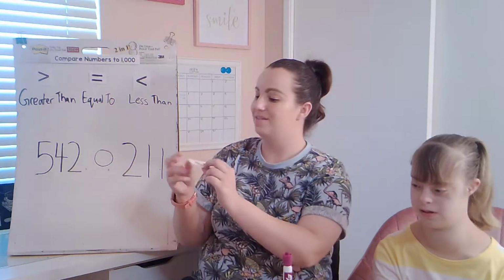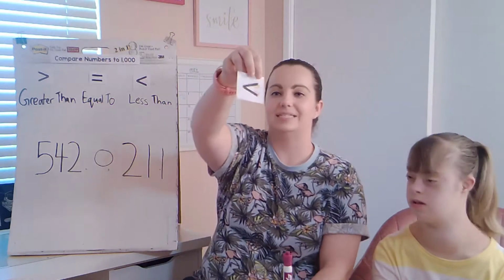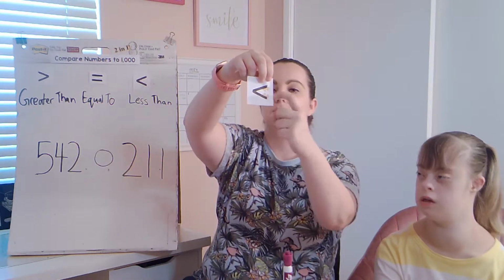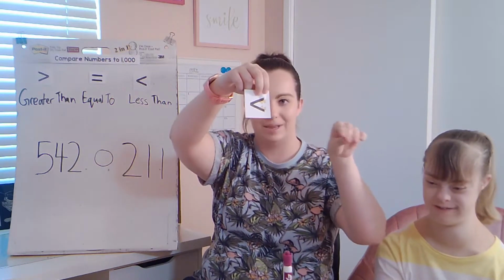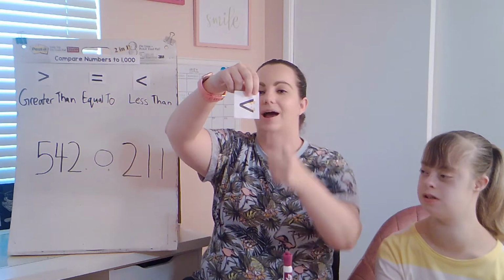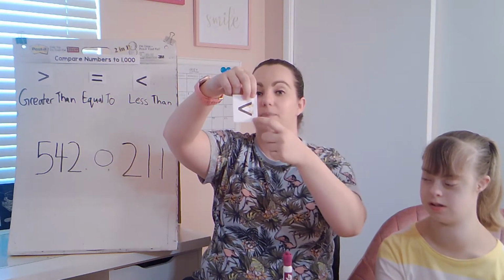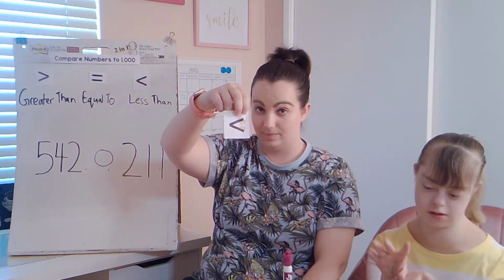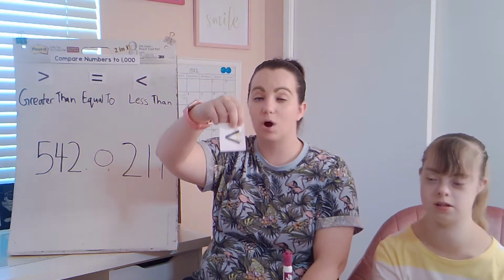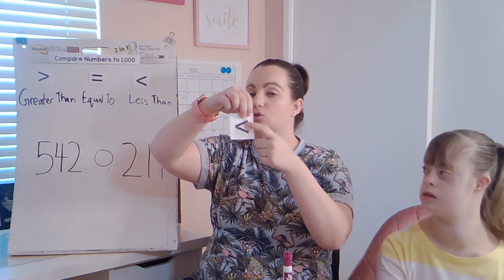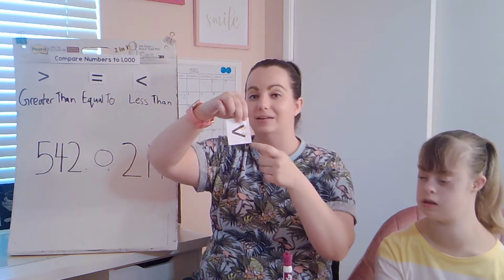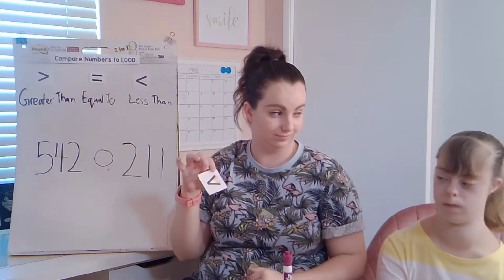If you look at it that way, it's like the sign has little teeth on it, a little alligator mouth. The alligator is always going to want to eat more. The alligator mouth is always going to want to eat the bigger number.